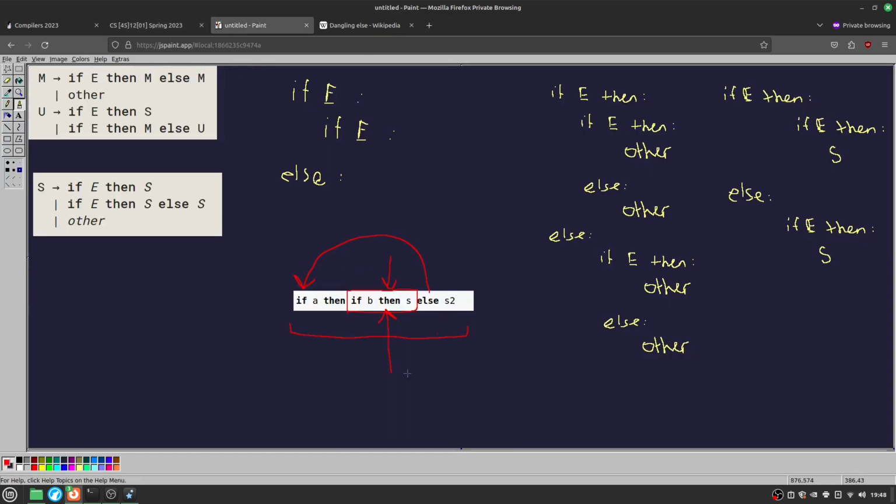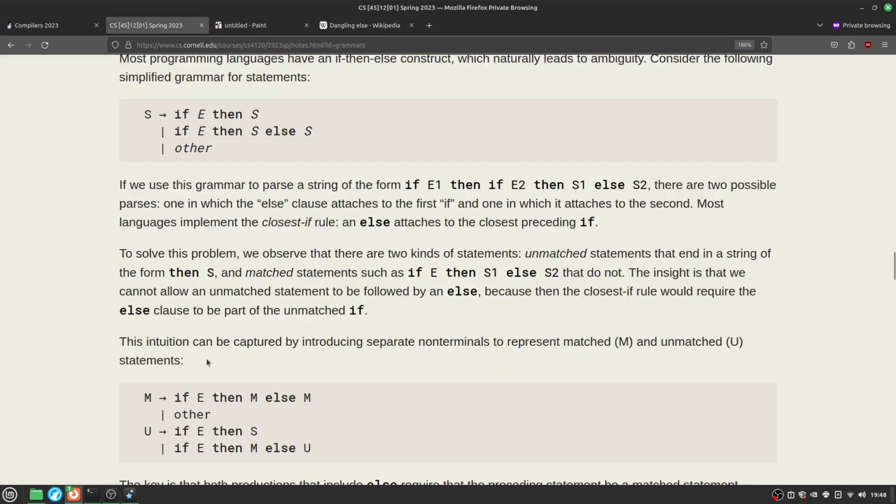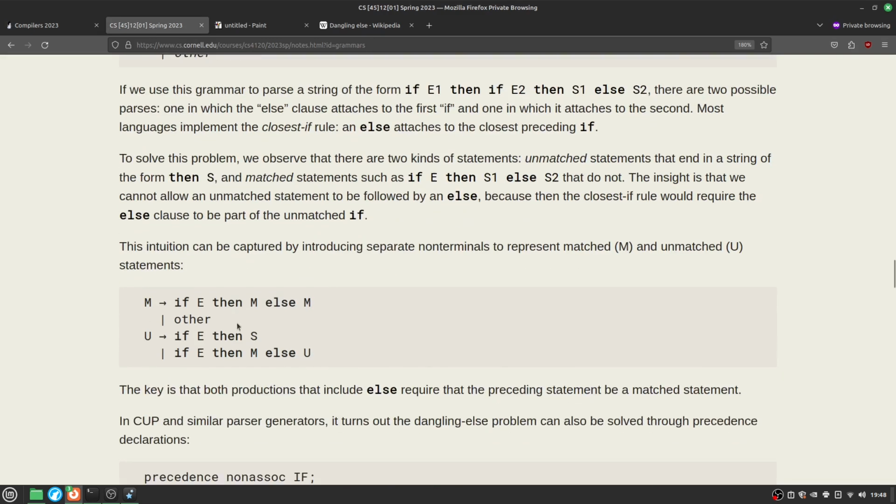Yep. So okay, so we can't allow this to be followed by an else. Intuition can be captured by introducing separate non-terminals that represent matched and unmatched. So a matched statement is this, or some other, or some other. An unmatched is this, or this else followed by another unmatched statement.